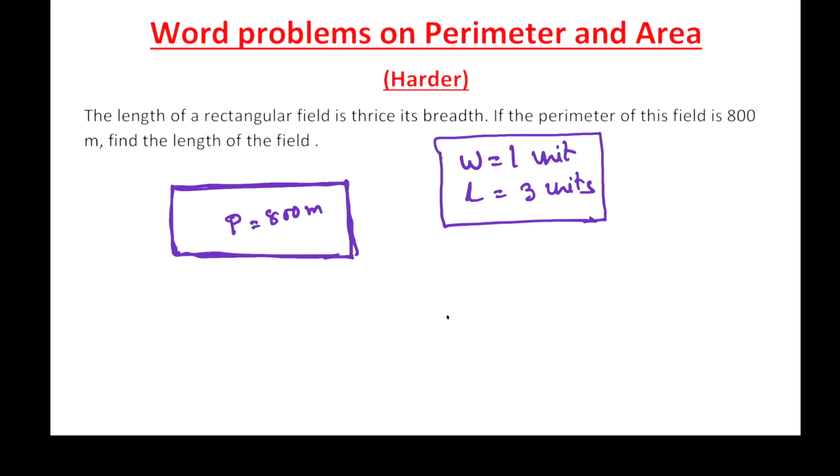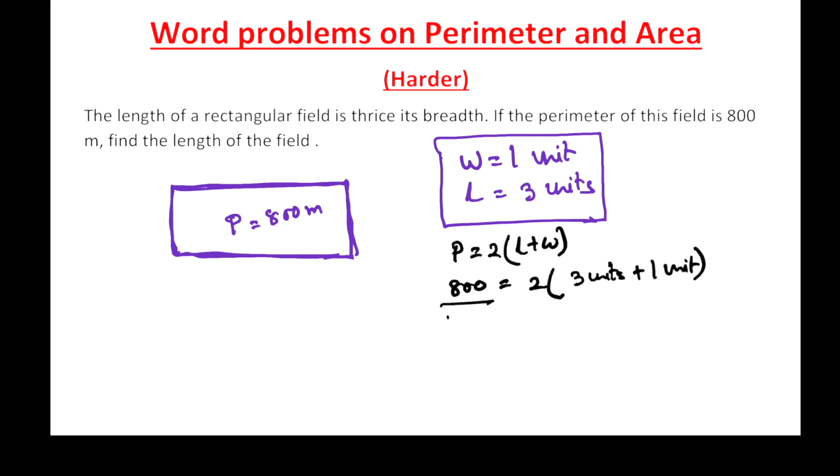Let's put this relation in perimeter. We know that perimeter is equal to 2 into length plus width. That means 800 in this case is 2 into length, which is 3 units, and width is 1 unit.